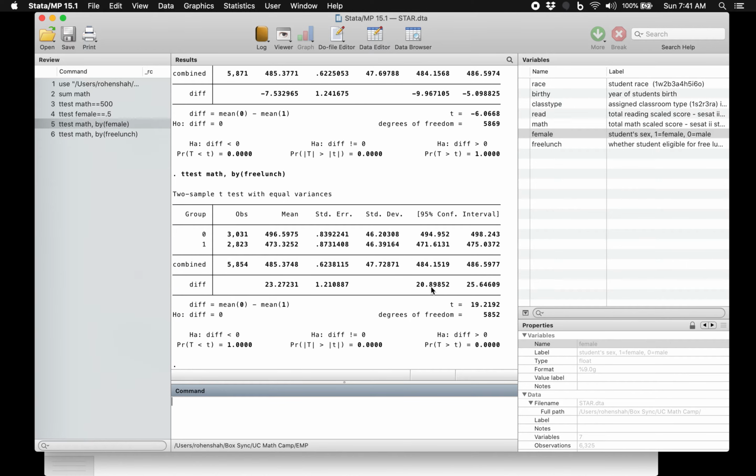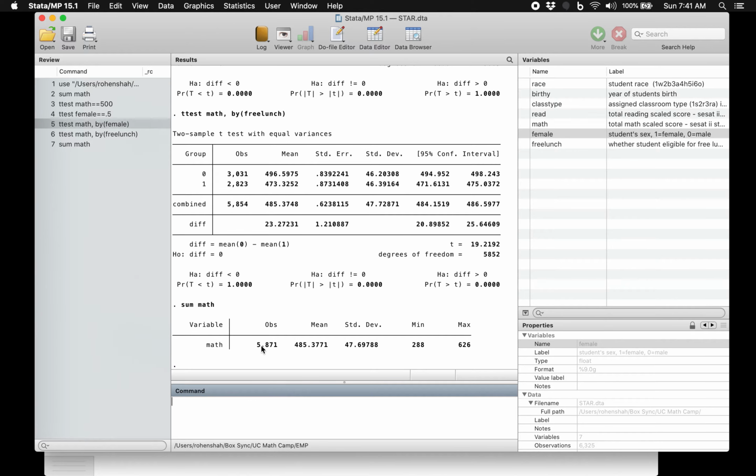Notice, for example, even that first thing we did, if we just want to look at the average math score and do a confidence interval about just the math score, just to recap, the average math score was 485. If you wanted a confidence interval around that, you could just do this.